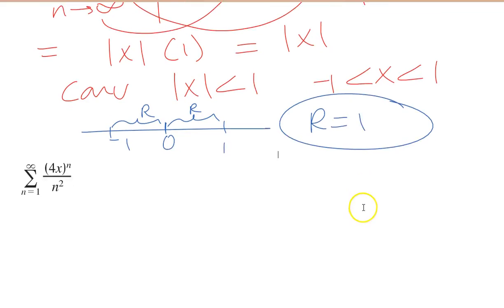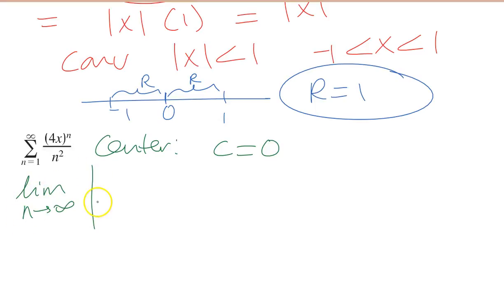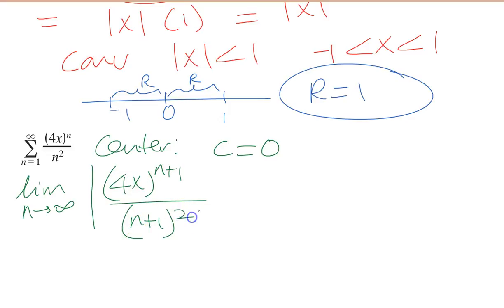Alright, now go ahead and find the radius of convergence for the next problem. Start off by finding the center. Now there's no x minus c to the n, so center is 0. Now to find the radius of convergence, do the ratio test. Limit as n goes to infinity of a_(n+1), 4x to the power n plus 1 over n plus 1 squared, divided by a_n, right?